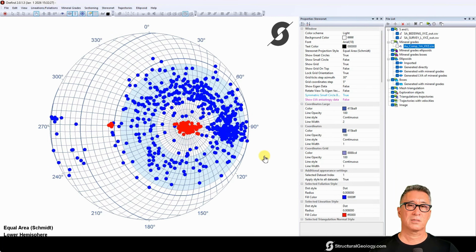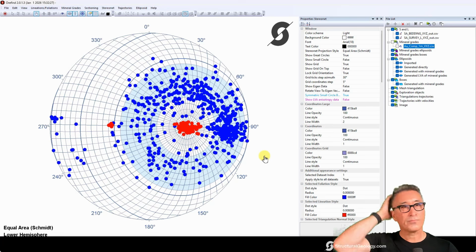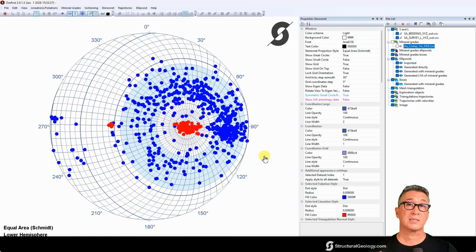It's not that difficult if you get a program to program it for you, or you can just make your own software like me and do that yourself. Okay, so this is case study number 2 with a simple rotated data set.